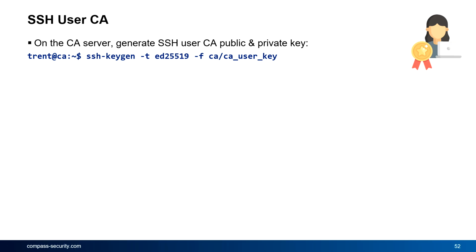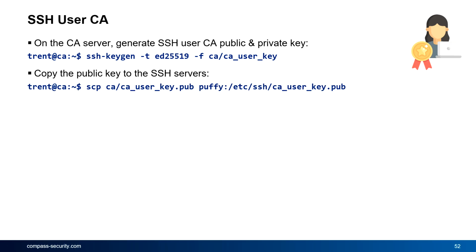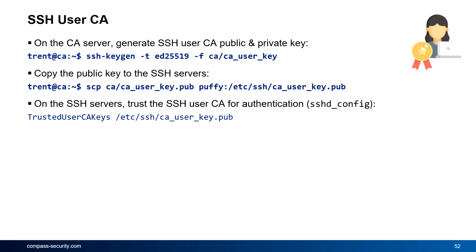For this, you also have to generate a new key pair for the CA itself, again using ssh-keygen. Then for all servers that want to trust the CA, you have to copy the CA public key to these servers. In this case, again, via SCP. Then on the servers, they have to be configured to actually use the public key of the CA for authentication using the TrustedUserCAKeys option in the SSH server configuration.